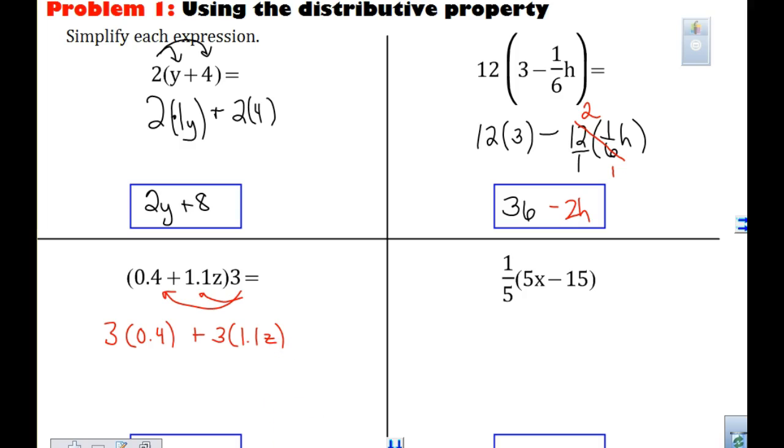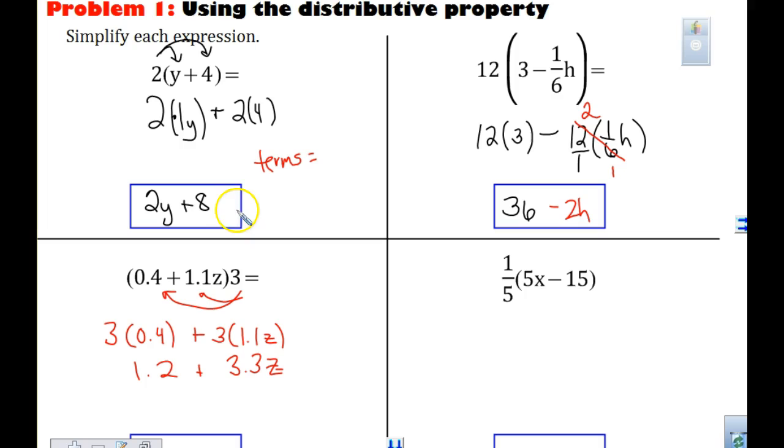Now I know that 3 times 4 is 12. So 3 times 0.4 should be 1.2. And if I am looking at multiplying here, I should have plus 3.3z.